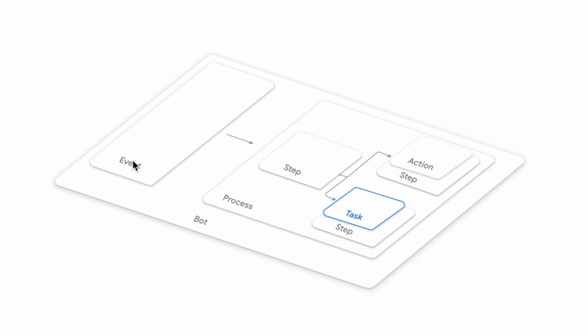And then finally, all of this gets wrapped together into what's called a bot. This is basically the equivalent of what you create when you go in the new interface and actually create an automation. It creates one of these bots, and that's the wrapper or the container for everything within that particular automation.